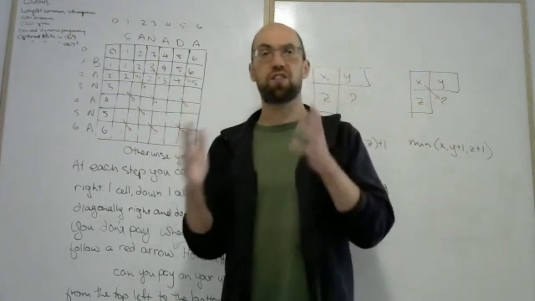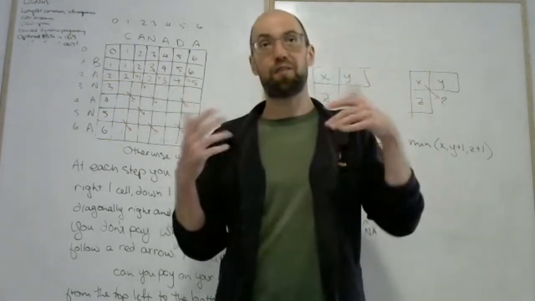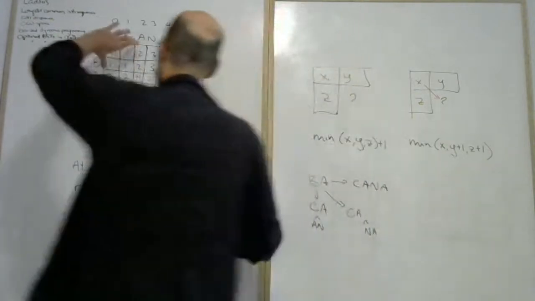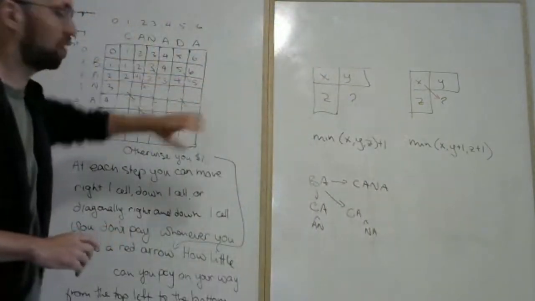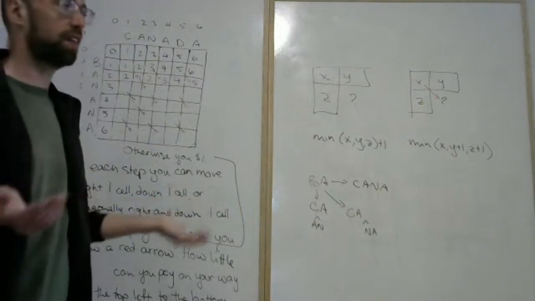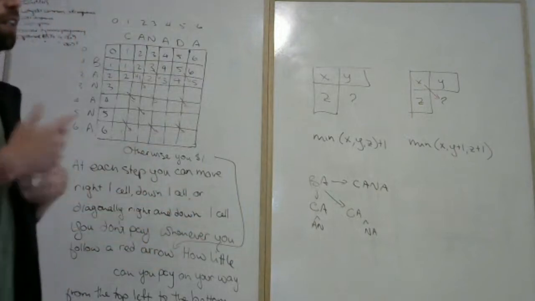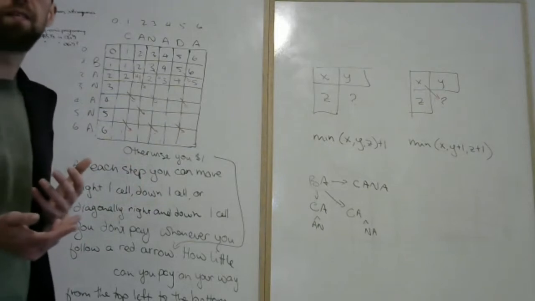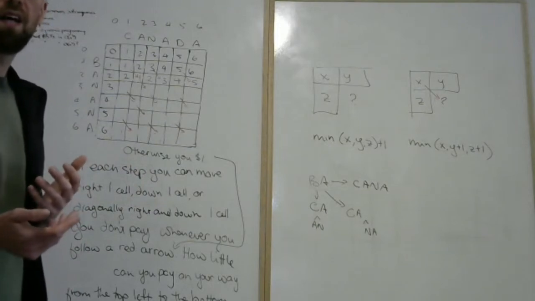If you're sneaky, you can rewrite your program so that it only fills in this band along the diagonal. It's called banded dynamic programming. And if I give you the edit distance as k, you can actually do it in k times n time.